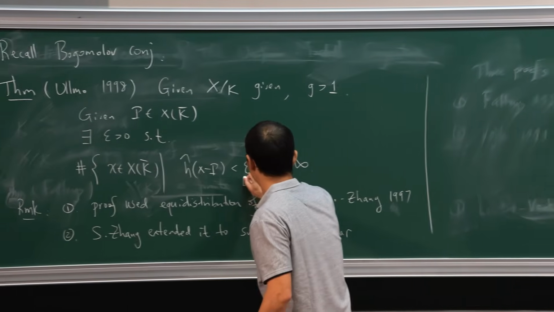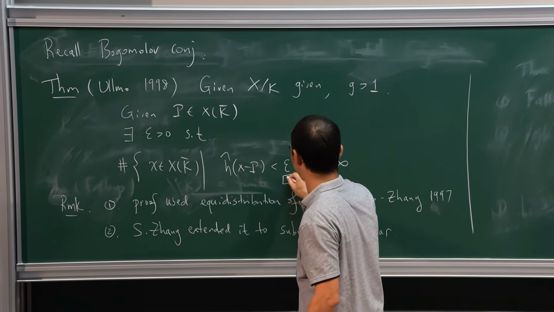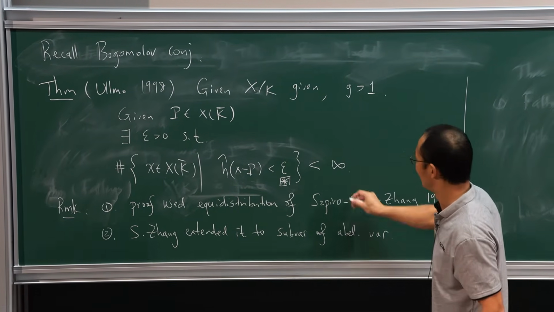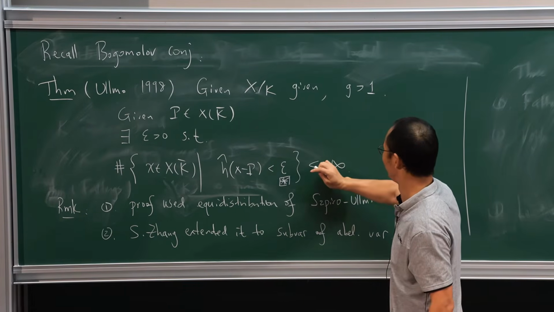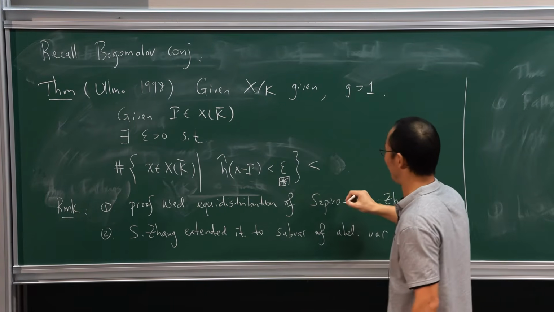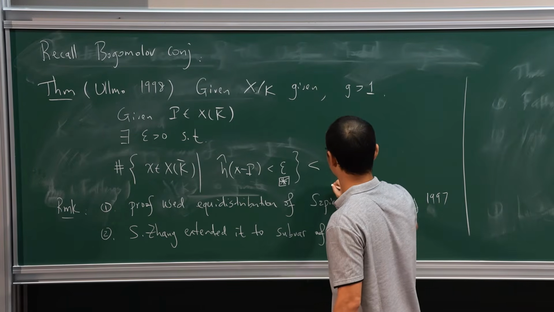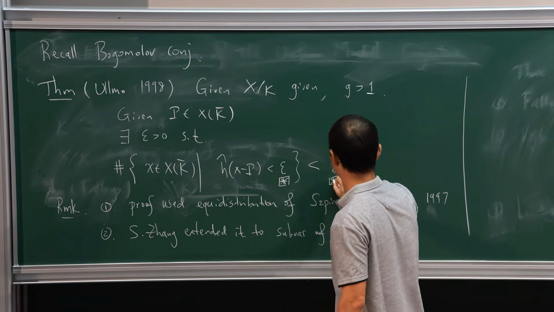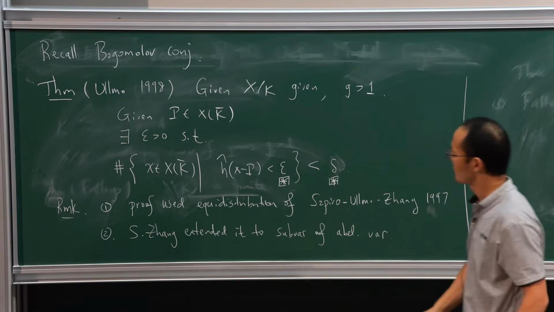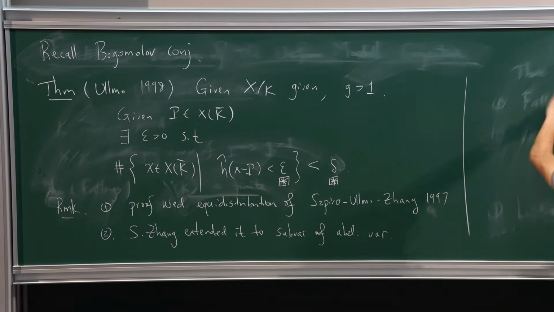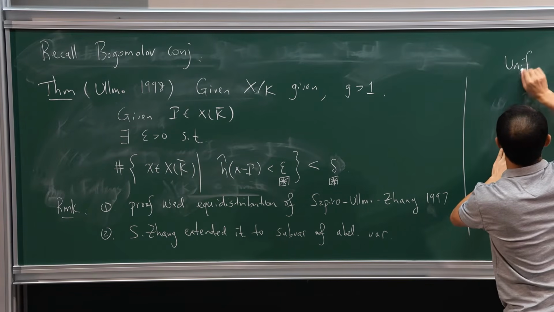So we want this constant epsilon to be uniform, and also this infinity. Infinity means a finite number here because it's less than. Let's put it delta. So we want these two uniform.